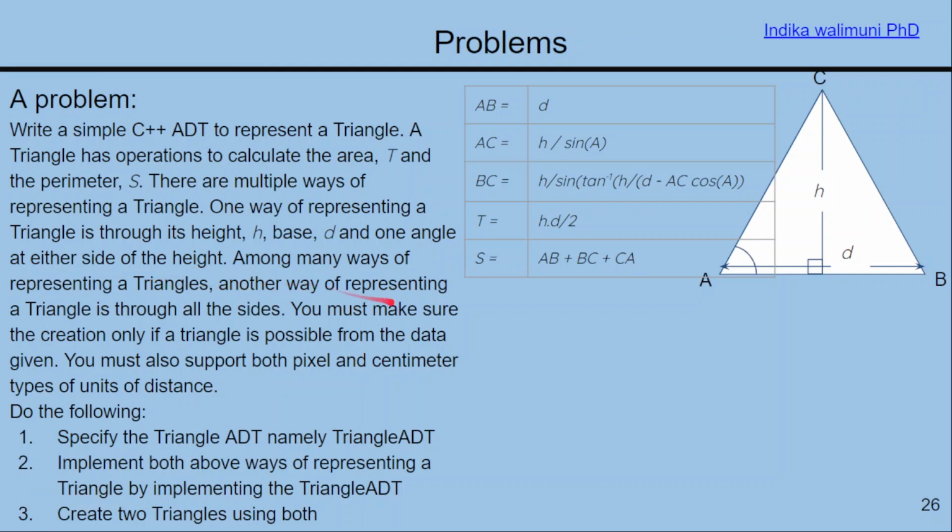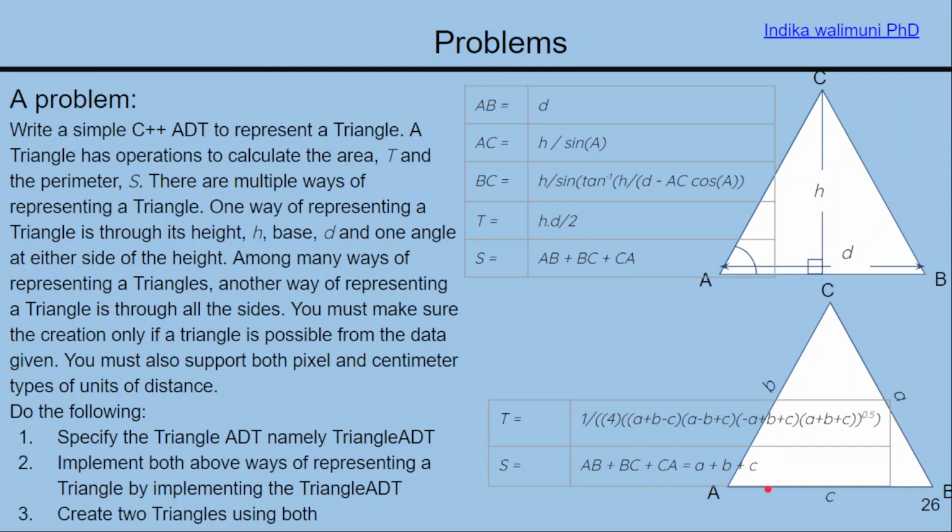All right, so another way of representing a triangle is through all the sides. So this is that option. We have triangle ABC, and this is the standard way of marking a triangle, right?